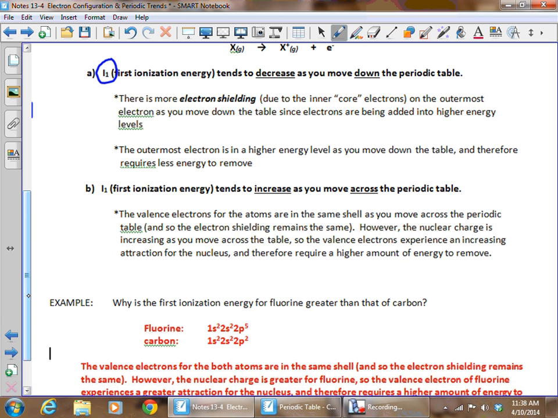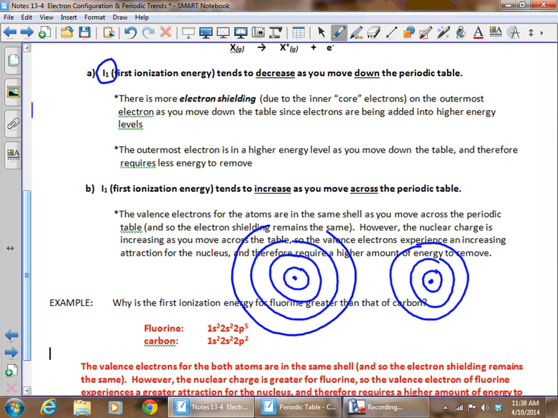One of my professors once talked about energy rope, and he talked about the fact that if you had two atoms and you were looking at the energy to remove that outside electron, the higher the energy level for that particular electron, the less energy rope it was going to take.